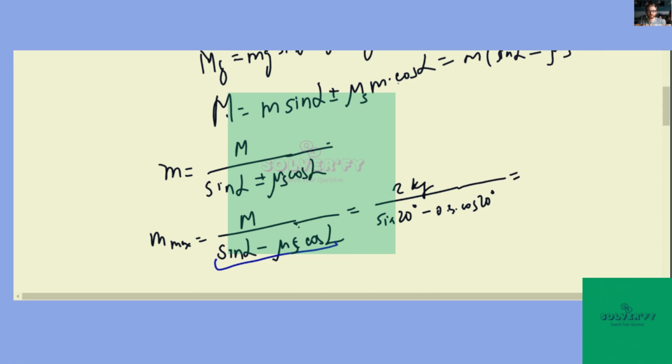Now we can calculate this value. It equals 33.3 kilograms.